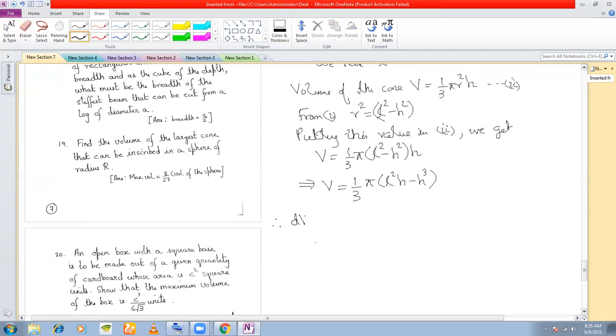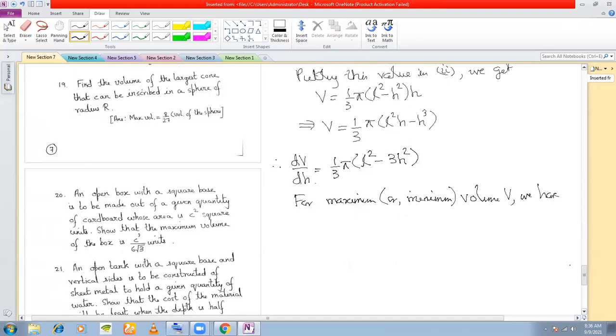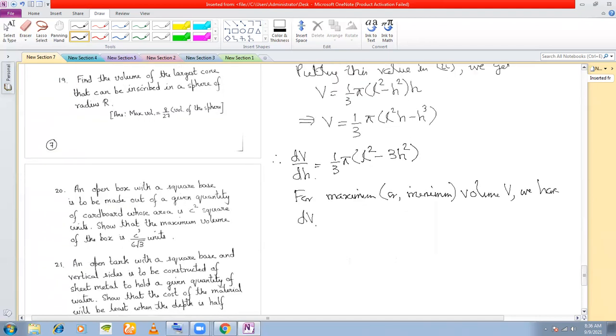Therefore, dV/dh is equal to 1/3 pi (L square minus 3h square). For maximum or minimum volume, we have dV/dh equal to 0.